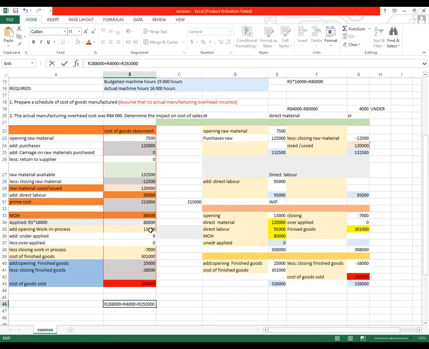Okay, for now, guys, let me use the under or over applied here using this table. I just want to see if our cost is going to change or not. Here, guys, we have under of 4,000, which means this amount is going to change.